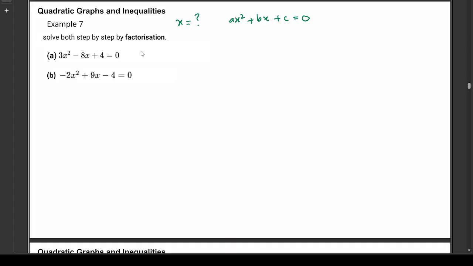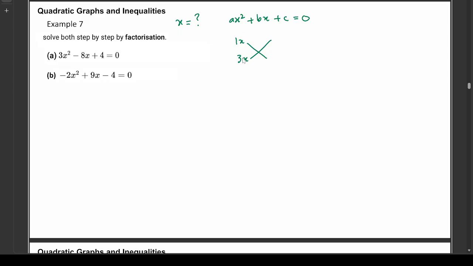Okay, so for factorization, first we look at A. A is 3, right? 3x squared, and we need to split it into the factors. 3x squared, I will split it into 1x and 3x, right?